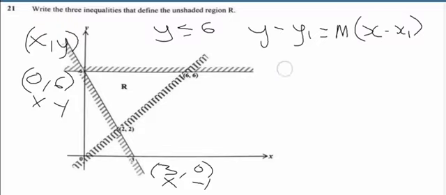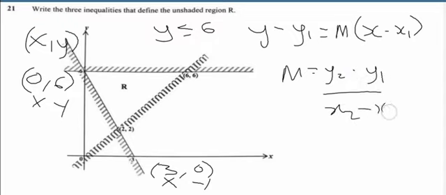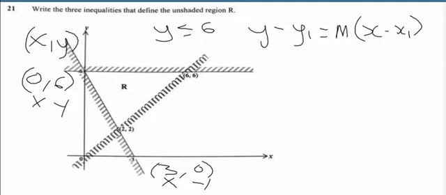Since we know that gradient is given by y2 minus y1 divided by x2 minus x1, in the place of the gradient here we are just going to put y2 minus y1 divided by x2 minus x1. Now let's label these coordinates. This one is going to be our x1, this one our y1, this one our x2, and this one our y2.